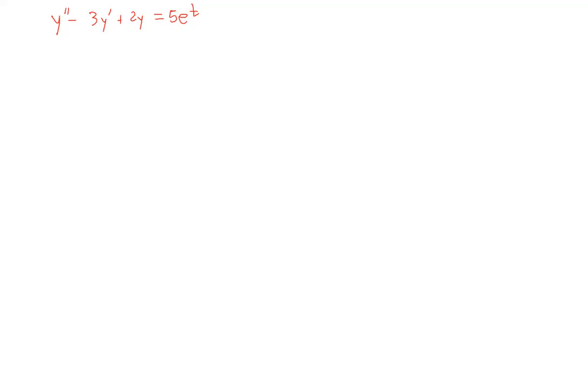Okay, the solution of the homogeneous, we have seen it before. It's C1 e to the t plus C2 e to the 2t. And you can see even the presence of this e to the t here tells you that you have a coincidence, right?